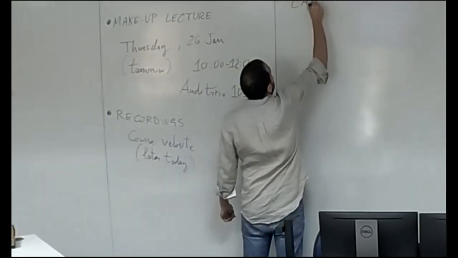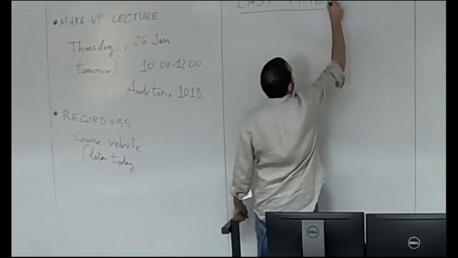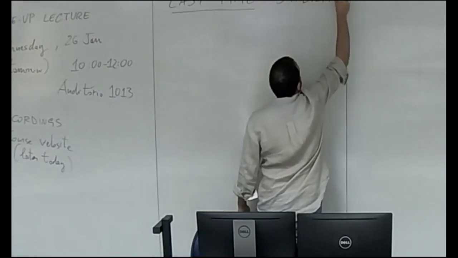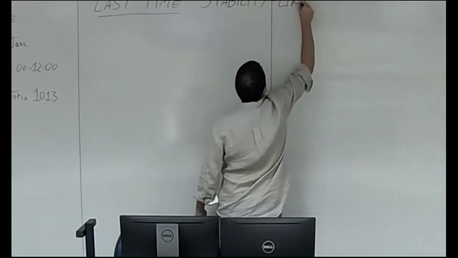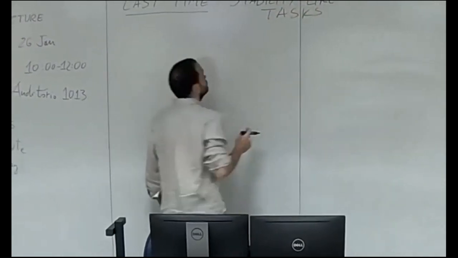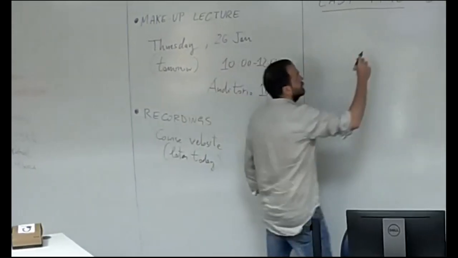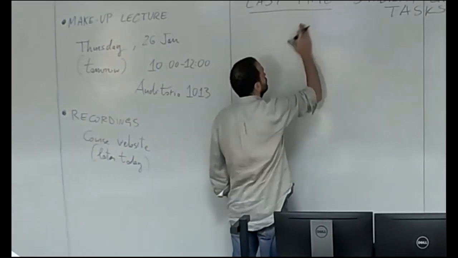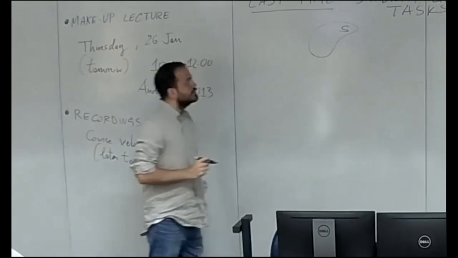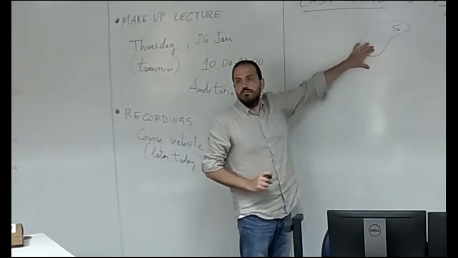This is last time, when we talk about stability. The picture is that we have a set S that is in the state space of the robot.